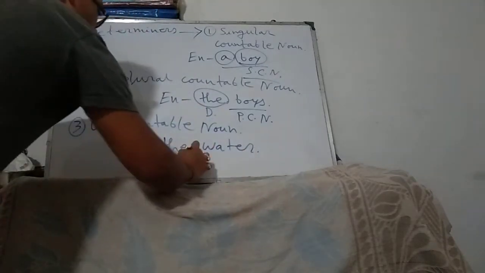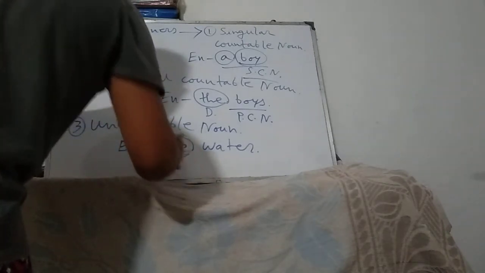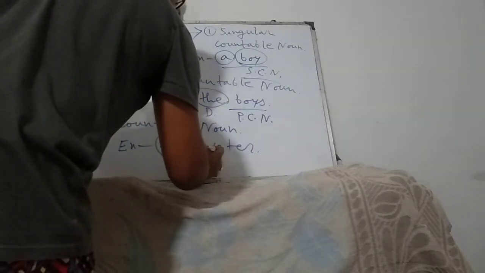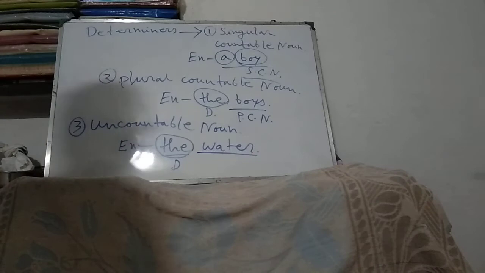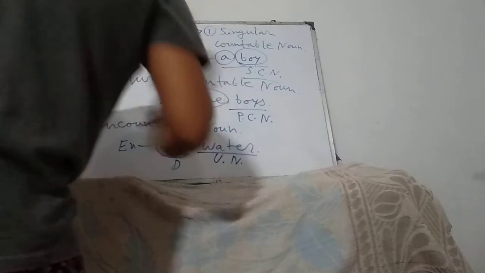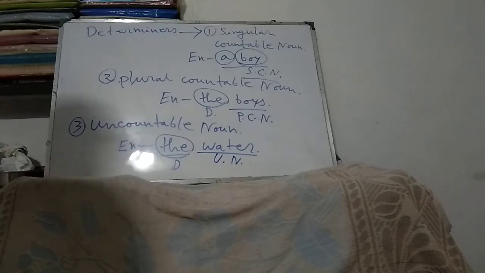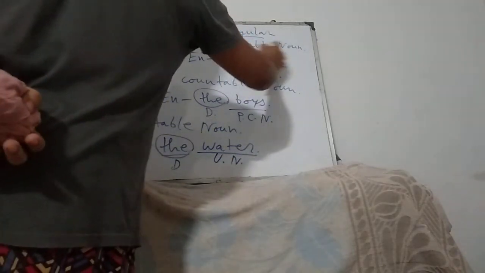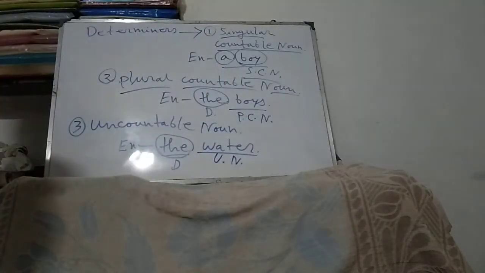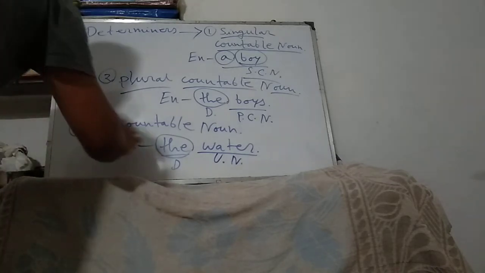Look here, the, it is a determiner and this is used before an uncountable noun, water. That means determiners can be used before a singular countable noun, before a plural countable noun, and also before an uncountable noun.